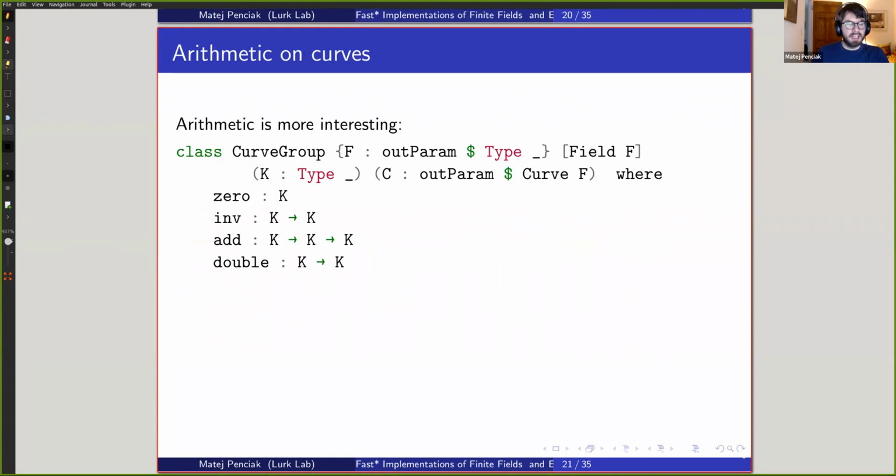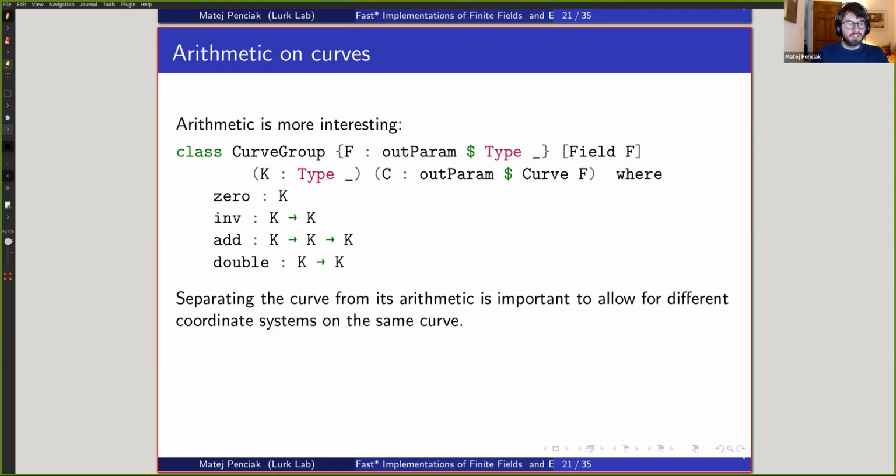On the other hand, arithmetic on elliptic curves is a little bit more complicated. So we have this curve group class, and we do some work in order to separate out the curve's arithmetic from the curve itself. The reason for this is because you want to be able to allow for different coordinate systems on your curve to do efficient arithmetic operations depending on the context.